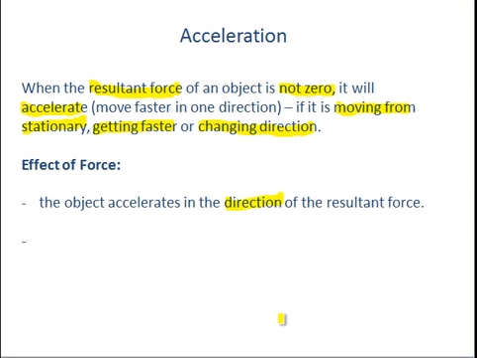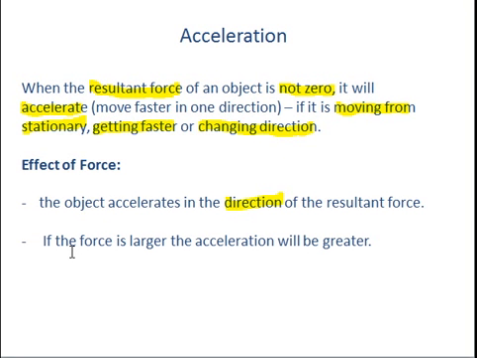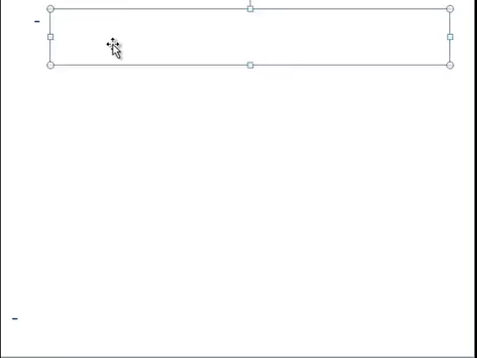So, for example, if a ball was rolling down a hill, it would accelerate in the direction of gravity because that would be the main direction of the resultant force. And the size of the force also affects the acceleration. If the force being applied on the object is larger, the acceleration will be greater, and this makes sense.